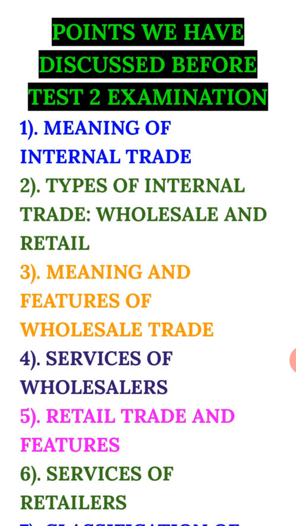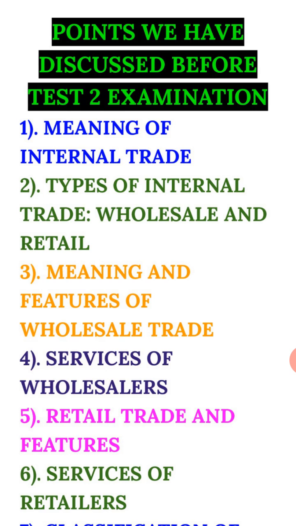Thereafter, we have discussed the types of internal trade. In internal trade, there are two types: the first one is wholesale trade, and thereafter, retail trade. Let us see the next one, the meaning and features of wholesale trade. The basic meaning of wholesale trade is buying and selling of goods in large quantities.